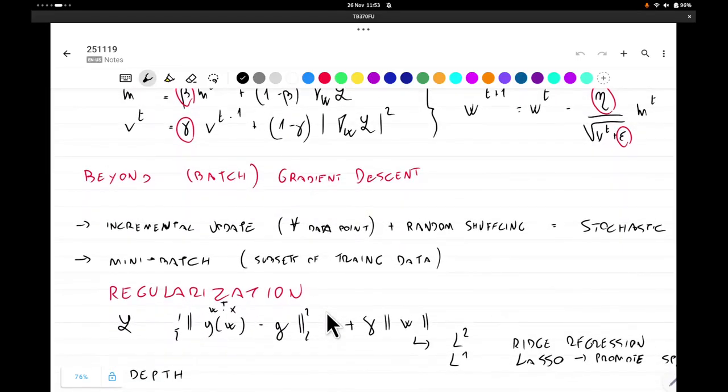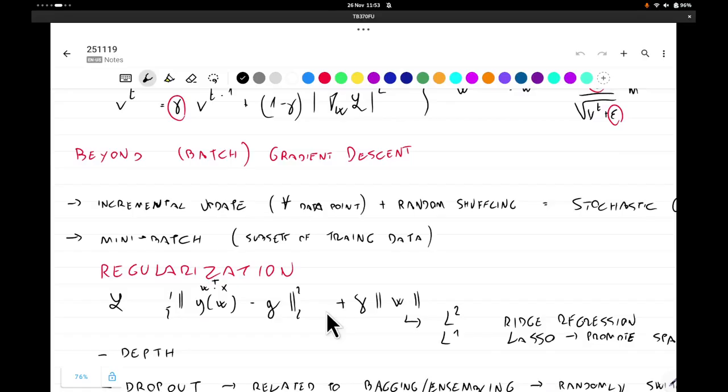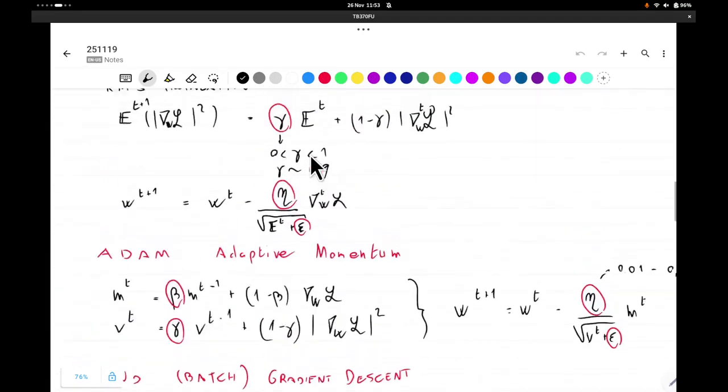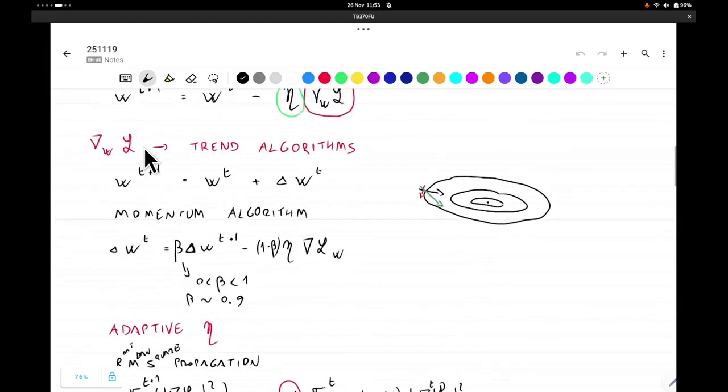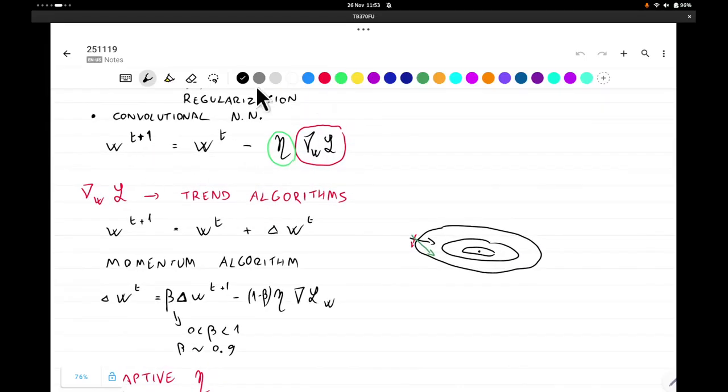The other big kind of technological advance in optimization is when going from a so-called batch update, where one goes through all the training data and calculates these gradients cumulatively before there is an update of the weights.